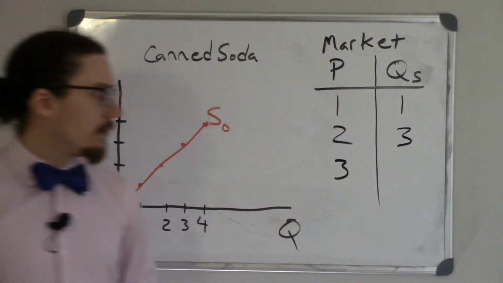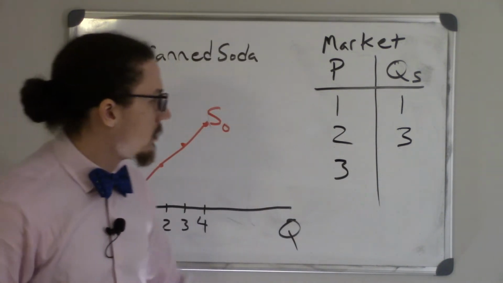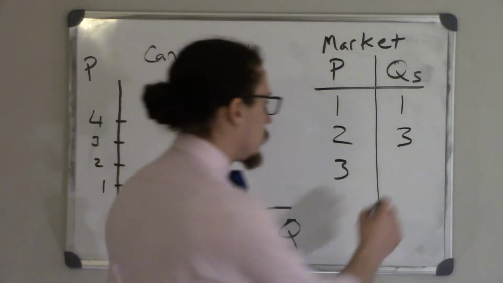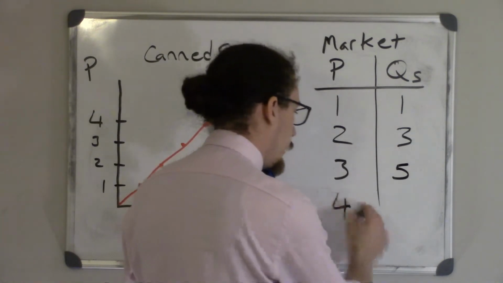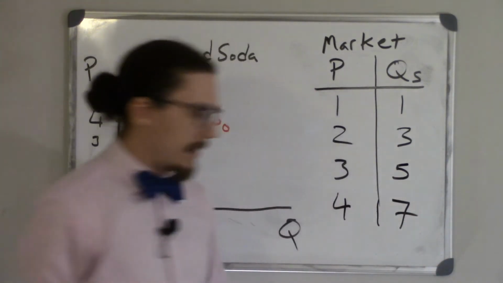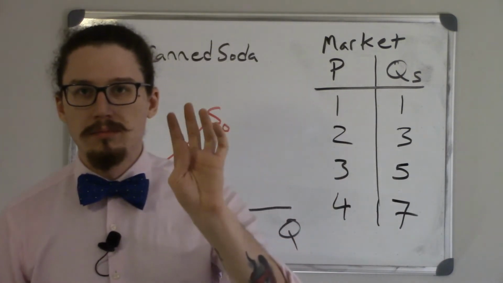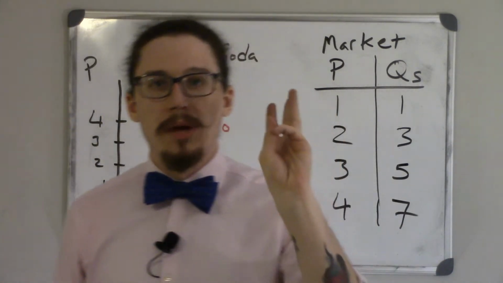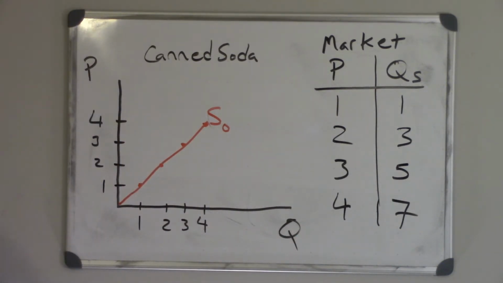At a price of 3, Coke is providing 3 units and Pepsi is providing 2, so for the market that's a total of 5. And then for the fourth, at a price of 4, Coke is supplying 4 and Pepsi is providing 3, so in total there are 7.